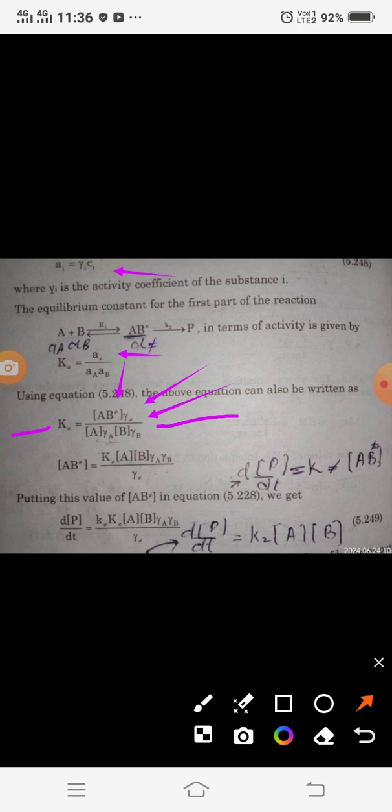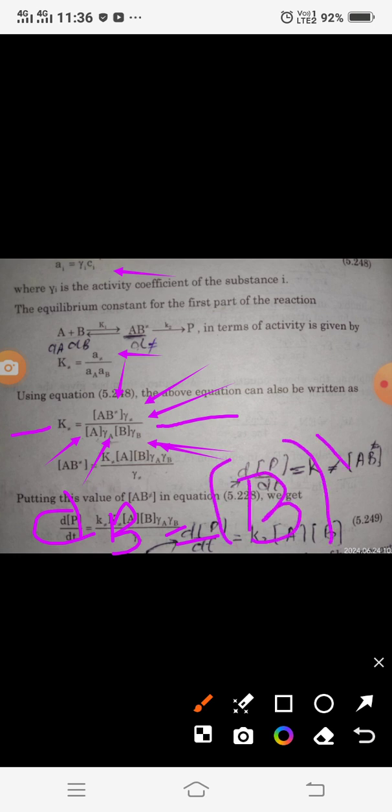And in the denominator, the small a, the activity of A, is replaced by the reactant A and the activity coefficient of the reactant A, and the activity coefficient of the reactant B multiplied by the reactant B is equal to small a and B. In simple words, when we are writing the AB, it is equal to the concentration of the complex with gamma.